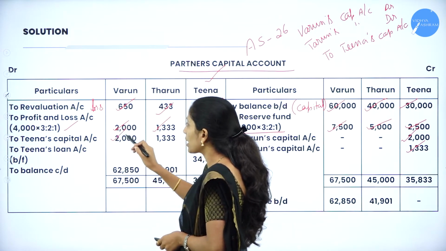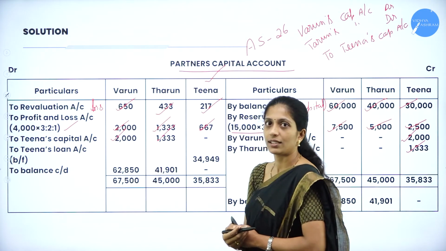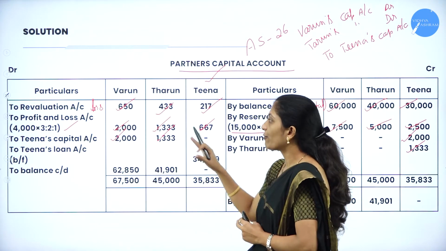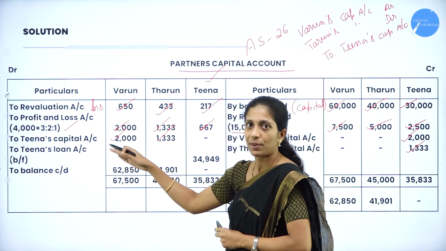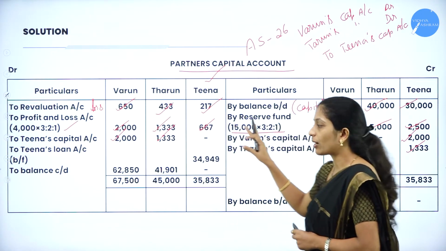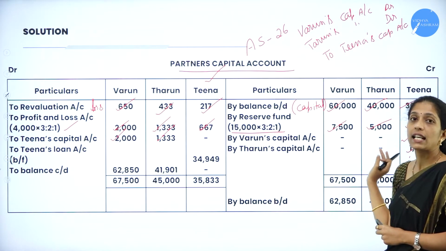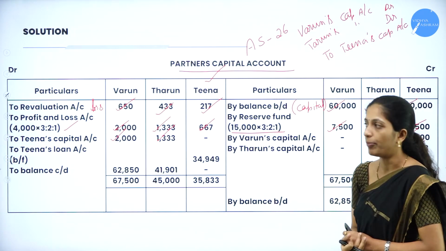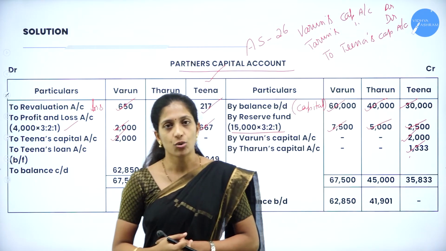You will write the amount in Varun's column 2,000 and Tarun's column 1,333. Be careful while writing the amount. If you are writing Tina's capital account, you will write the amount in Varun's and Tarun's columns. If you are recording Varun's and Tarun's capital accounts, you will write the amount in Tina's column. So this is the treatment of goodwill as per Accounting Standard 26.